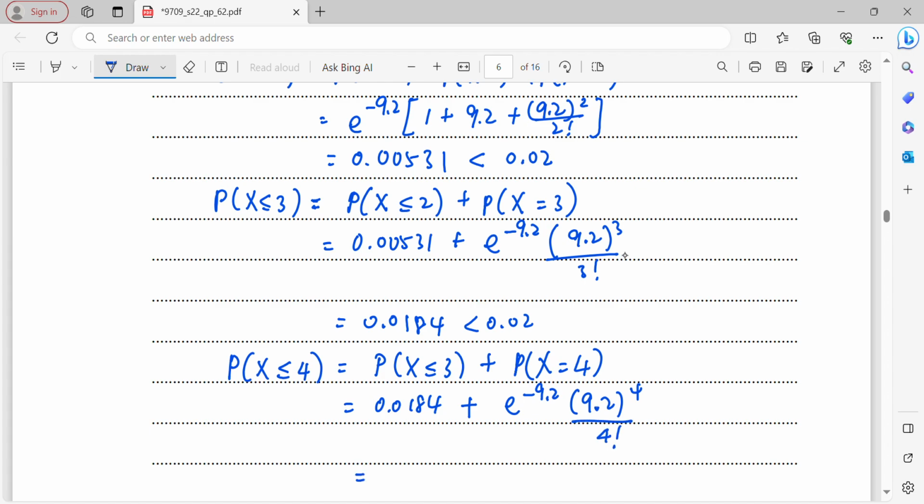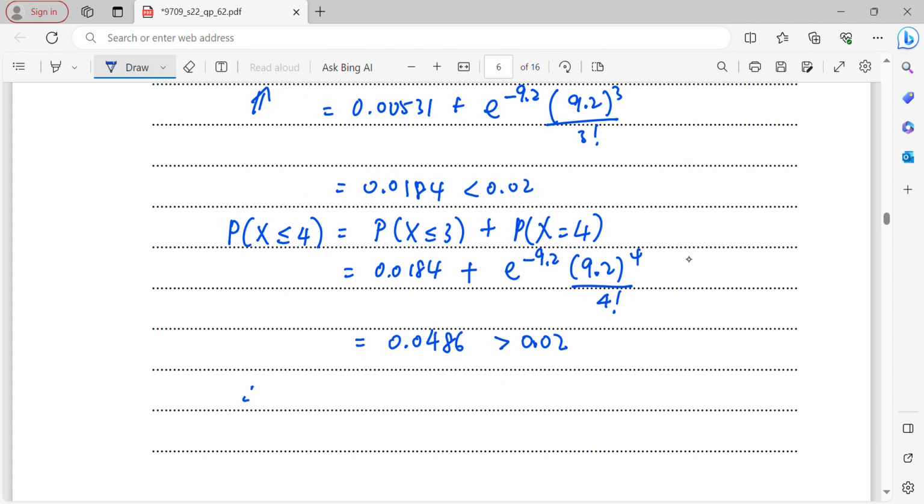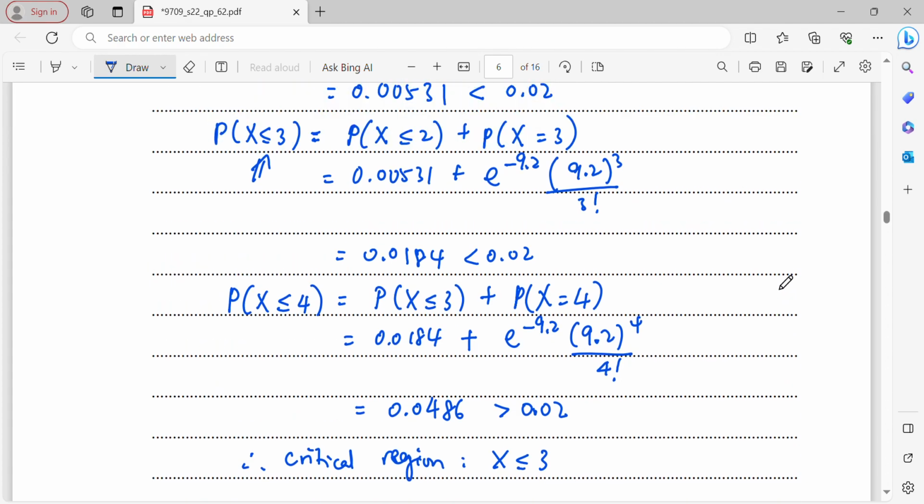Then here it is going to be 0.0486, and this value is greater than 0.02. It means that now we can only accept up to X ≤ 3. So therefore, the critical region is X ≤ 3. Okay, so that's all for this working.